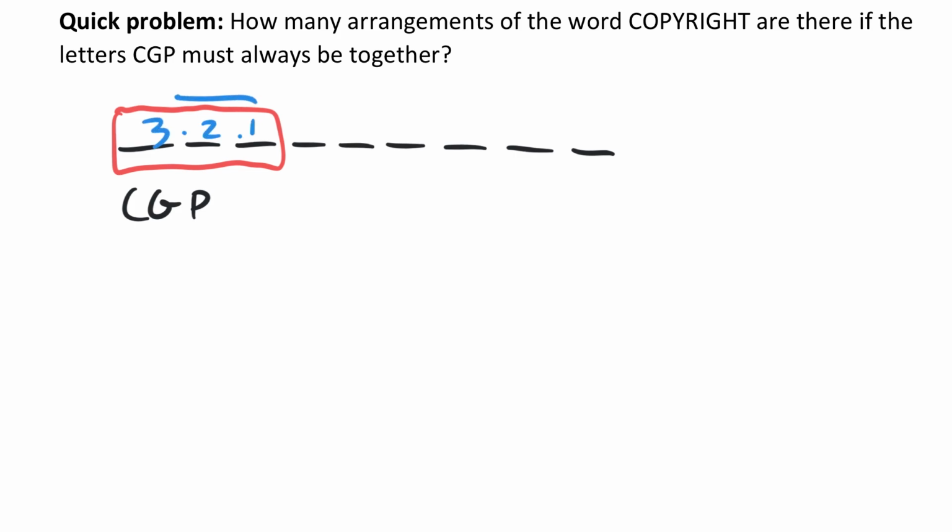Now we've got an extra blank here, and we can count: 1, 2, 3, 4, 5, 6, 7 blanks. So this is going to be 7, 6, 5, 4, 3, 2, 1. Multiply everything together, and we should get 30240.